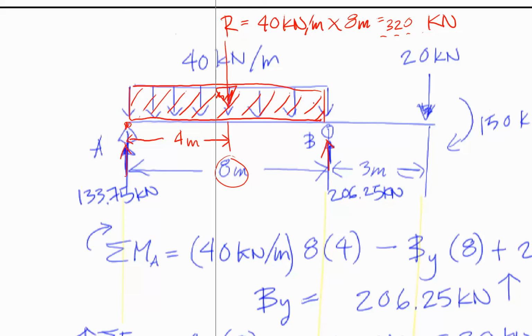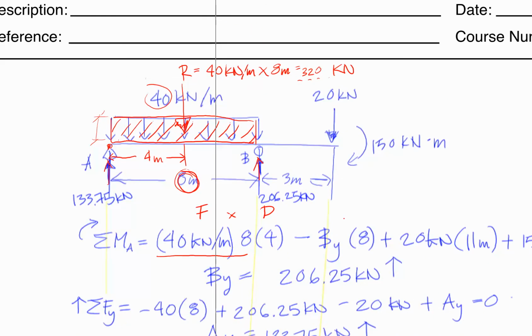What is the area of that rectangle? Well, it's 8 meters times the height of 40 kilonewtons per meter. So the area of that is your resultant force. And then the distance applied is going to be the center of that rectangle, which is 4 meters. So here you've got force times distance. And if you carry that same thought process all throughout, we'll get a great solution.